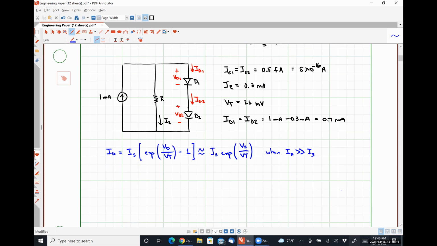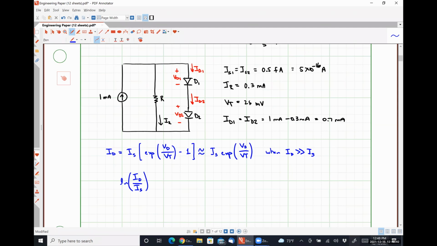If I divide both sides of my equation by IS, I will have ID divided by IS is equal to the exponential of VD over VT. If I take the natural log of both sides, then that's going to give me VD divided by VT is equal to the natural log of ID over IS.